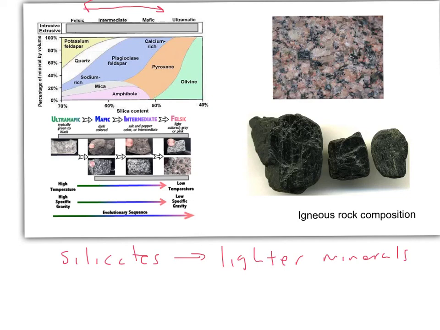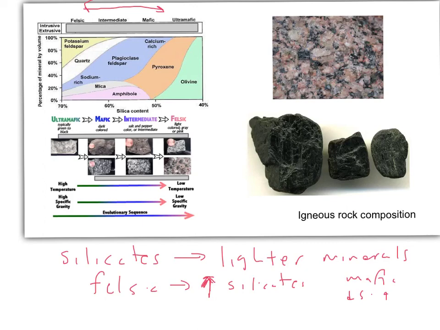So the felsic rocks have more silicate, and they're going to therefore be composed of minerals that are lighter, less dense than is the case for the mafic rocks. So less silica and more heavy elements in their minerals: iron, magnesium, calcium, and so forth.